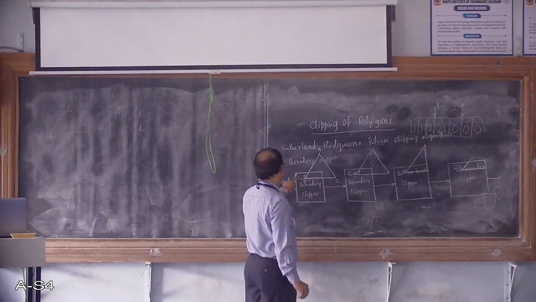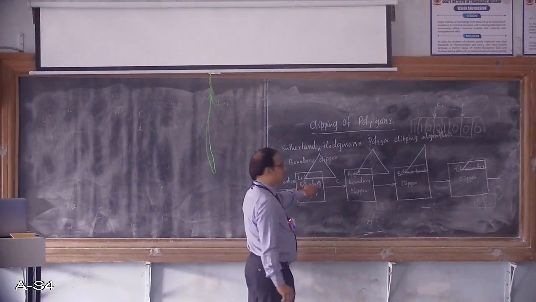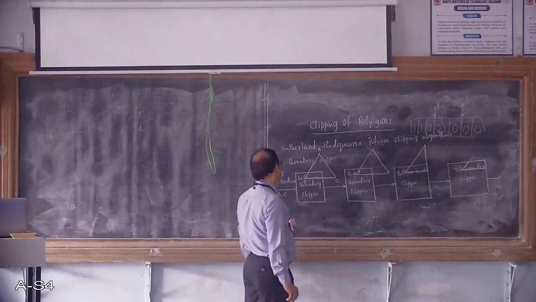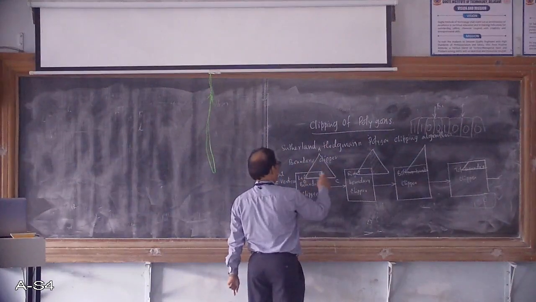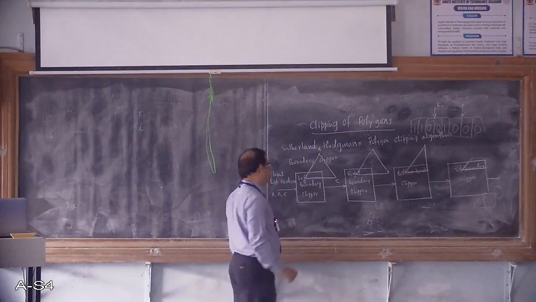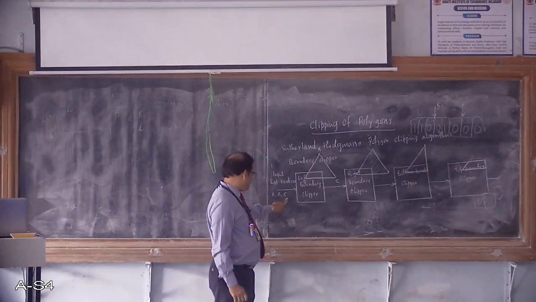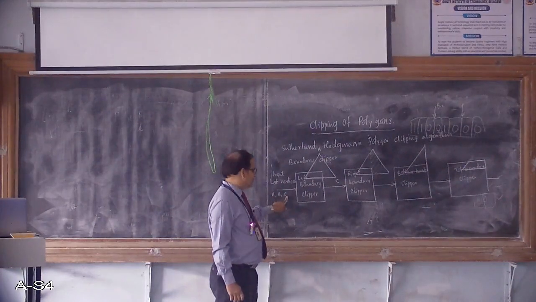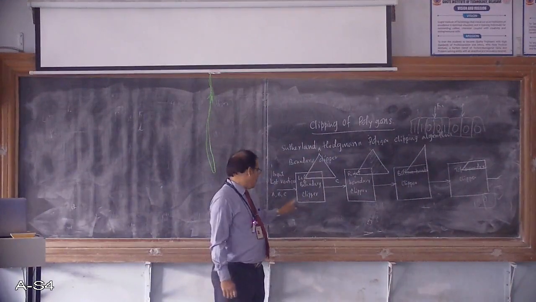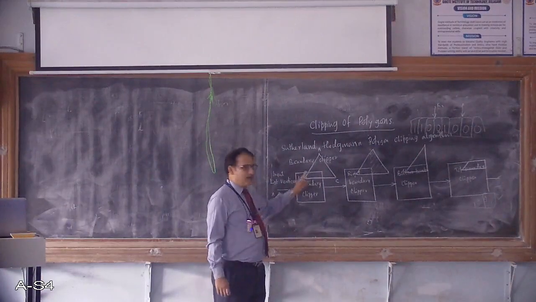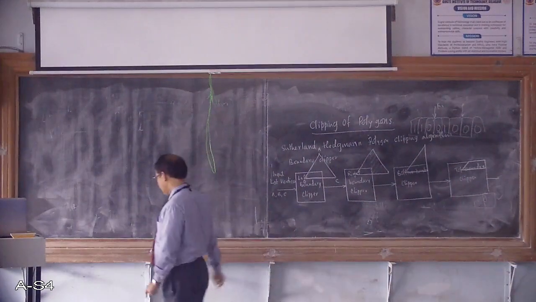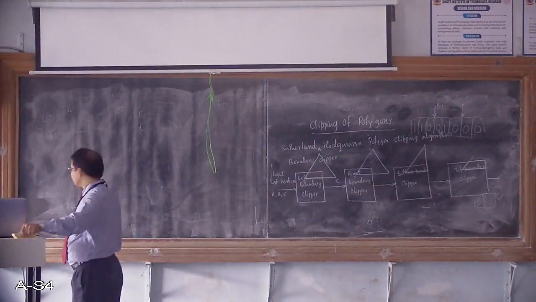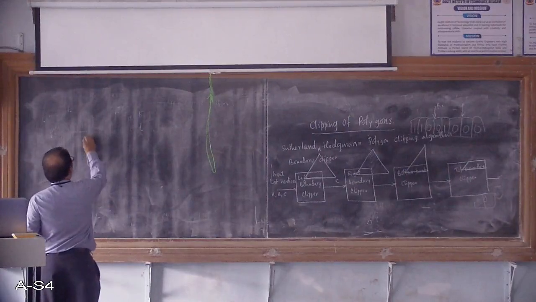Now when the left boundary clipper is applied, you know that there are 3 vertices which are required to be processed. Input list of vertices are A, B, C, and these 3 vertices are given to the left boundary. And how are these 3 vertices processed? These 3 vertices are processed using the rules. The 4 rules are there.